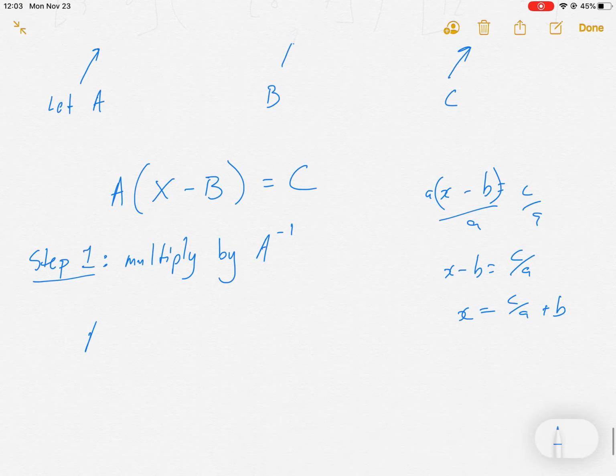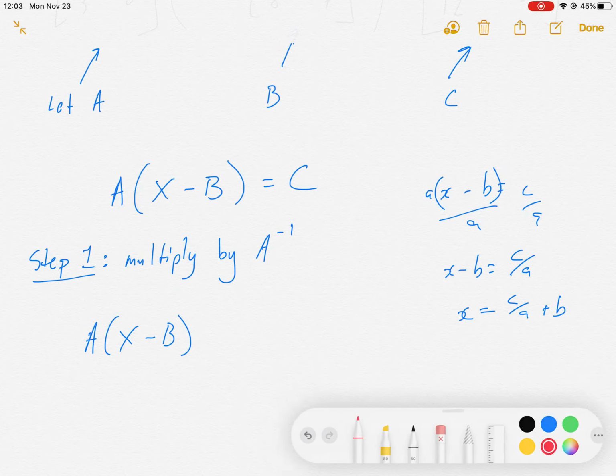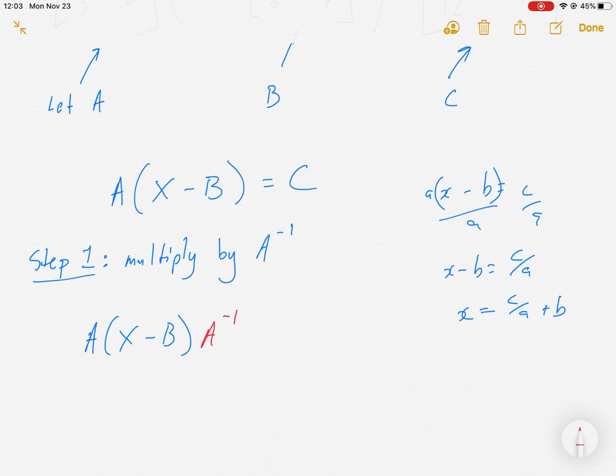Now we even have to be a little bit careful with this, because if I multiply the A inverse over here, that doesn't actually give me 1. This is not equal to the identity matrix. Because remember, matrix multiplication, as we saw before, is not commutative, so I can't just flip things around however I want.